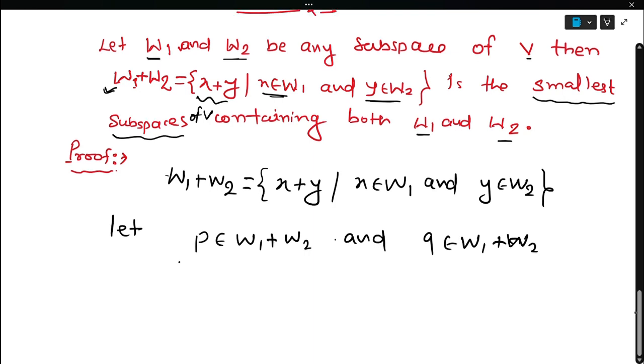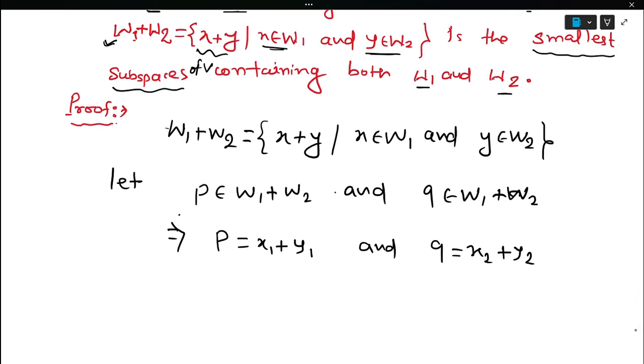We have taken two arbitrary elements, and every element of W1 plus W2 is of the form x plus y. So let p equal x1 plus y1 and q equal x2 plus y2. Here x1 and x2 belong to W1, and y1 and y2 are in W2.